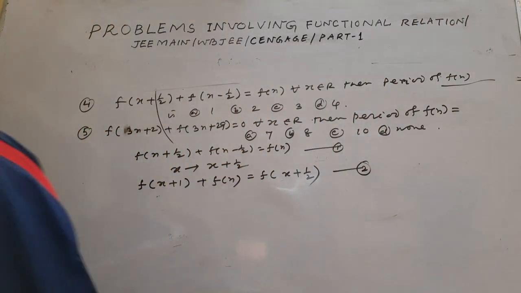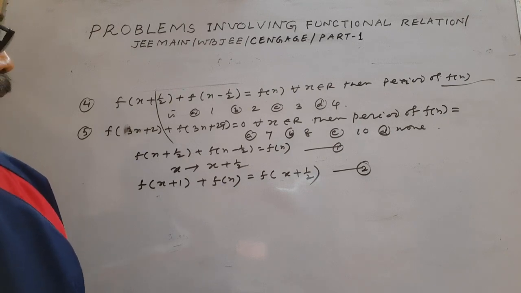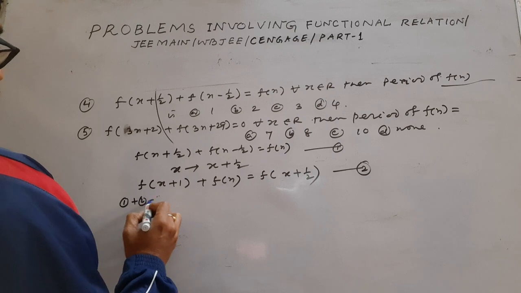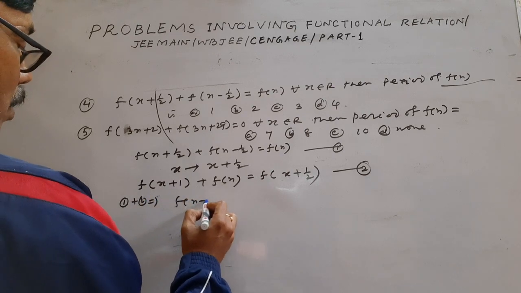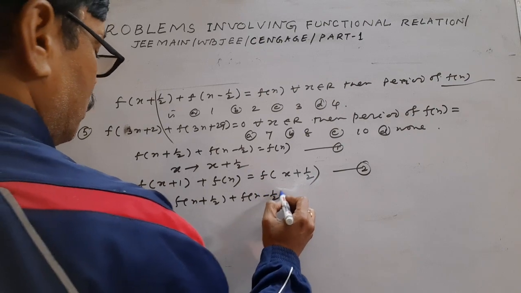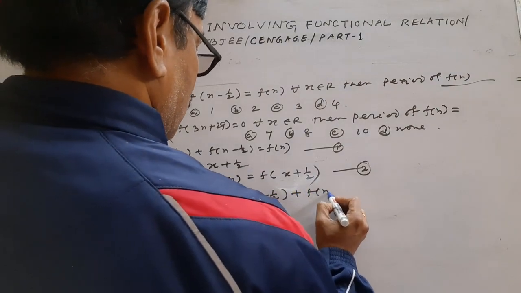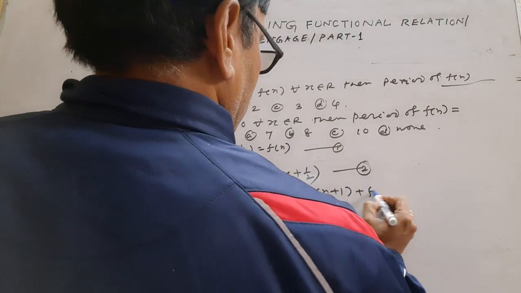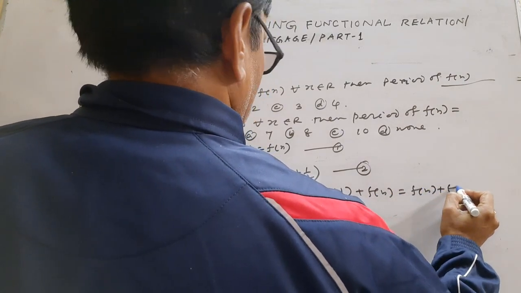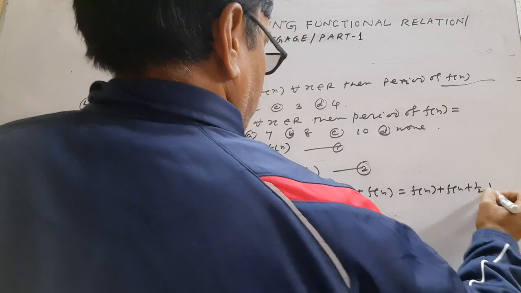If we add 1 and 2, what are we getting? f(x plus half) plus f(x minus half) plus f(x plus 1) plus f(x) equals f(x) plus f(x plus half).